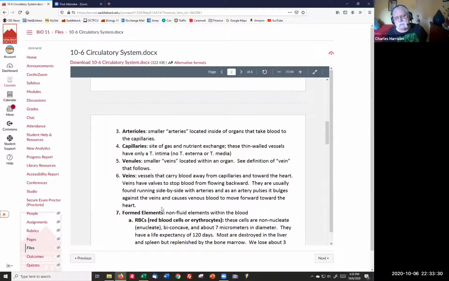Now, as I said, without it being written here, we'll talk about it later, but I'll mention it now anyway. There are two places where after leaving a capillary, blood does not immediately return to the heart.